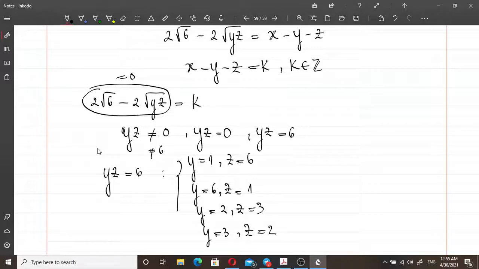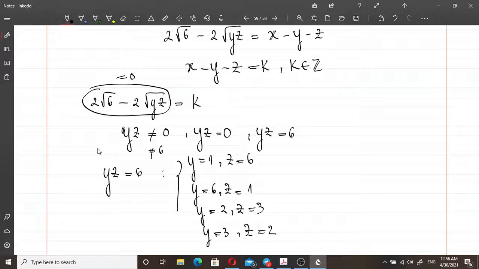Why didn't I say y is equal to negative 1 or negative 6? Because x, y and z are natural numbers, so the product 6 has 4 pairs: 1 and 6, 6 and 1, 2 and 3, 3 and 2.